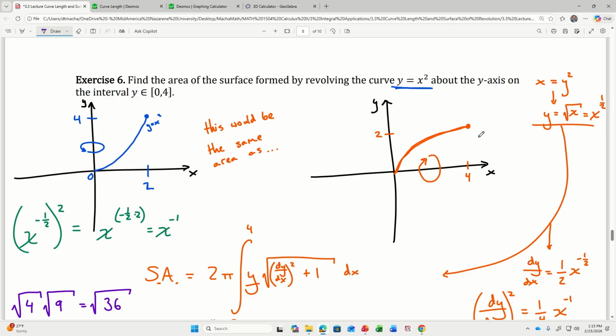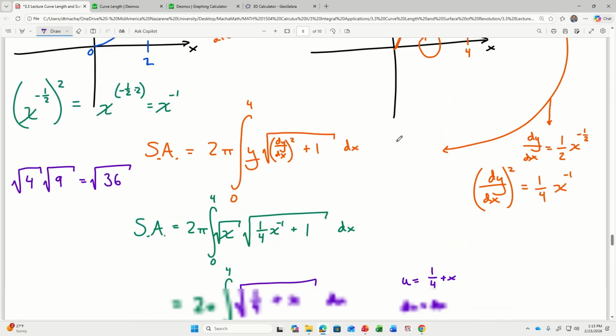I might think about a cylinder in this case. What's the lateral surface area of a cylinder that has a height of 4 and a radius of 2? Well, the circumference of that cylinder would be 2 times pi times 2, which would be 4 pi, and then a height of 4.